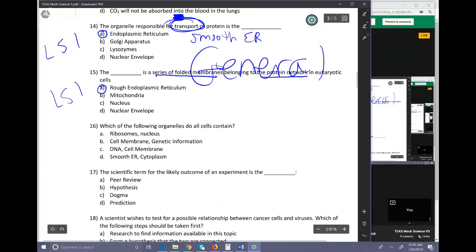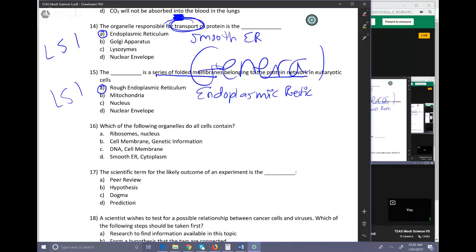If they had had endoplasmic reticulum here, and they wouldn't have put them both there if it was specific, that would have very much answered that question, because it didn't say anything about what it did. It just said it's a series of membranes. It's part of the protein network. So they don't necessarily have to pair them in the most logical way.